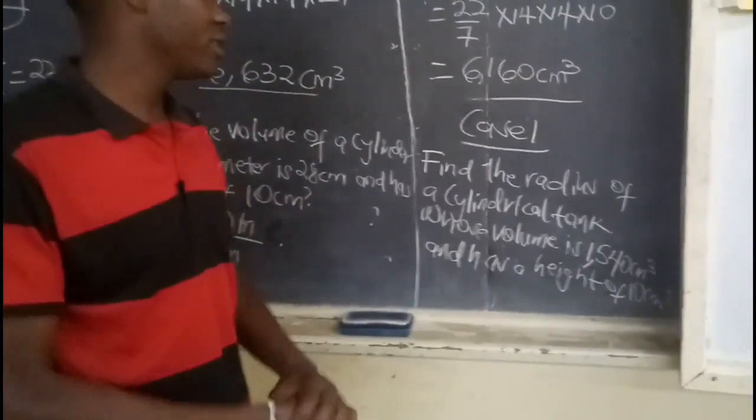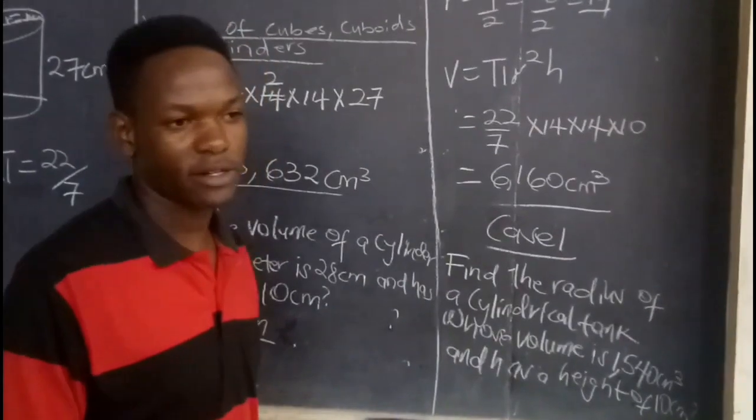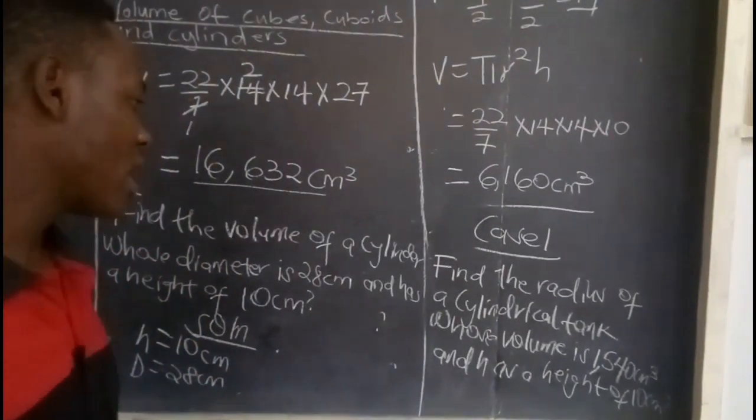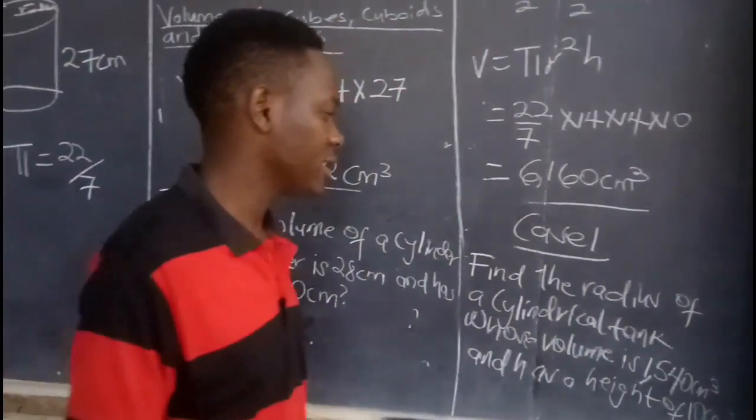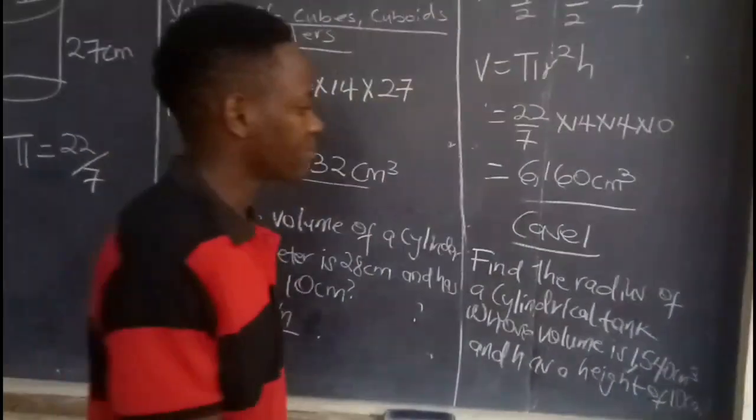Find the radius of a cylindrical tank whose volume is 1540 centimeters cubed and has a height of 10 centimeters. You are asked to find the radius.